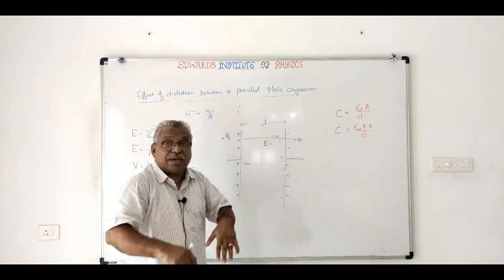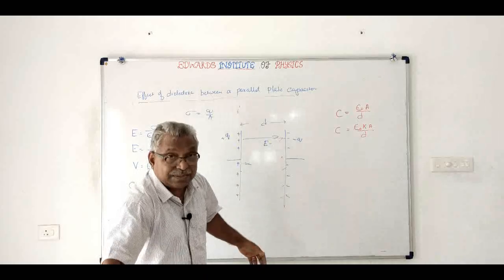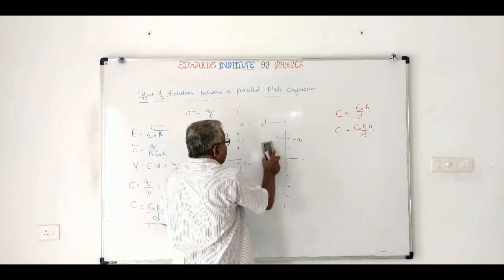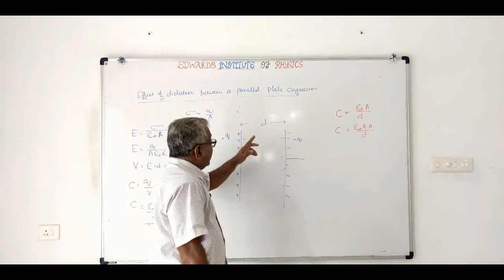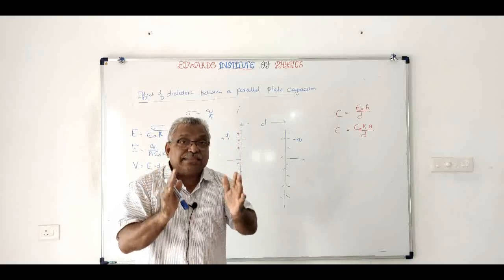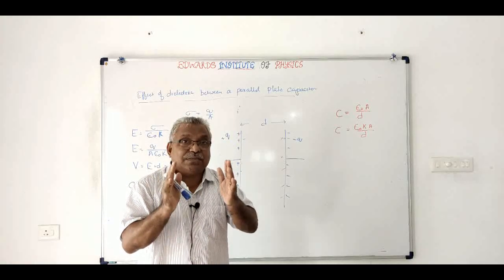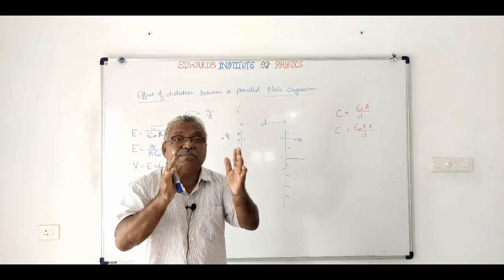Suppose E is reduced to half, then you can add 2 lakhs charges. That is what is happening when you are adding a dielectric in between them. When you add a dielectric, the electric field intensity will get reduced. As the electric field intensity reduces, the probability of shorting or the discharge will be reduced.